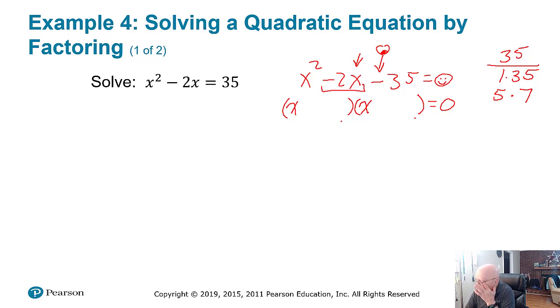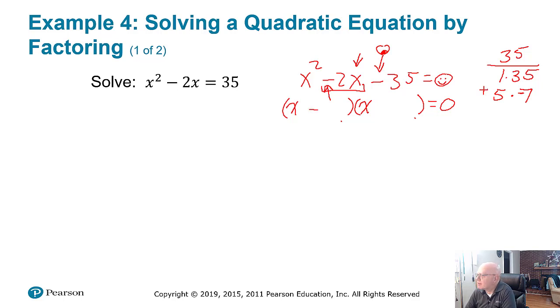Now, so we know we've got a 5 and a 7. When we add those together with different signs, we end up with minus 2x. So the bigger number had to be negative because of that minus 2x. So this would be a negative 7, and of course a positive x.